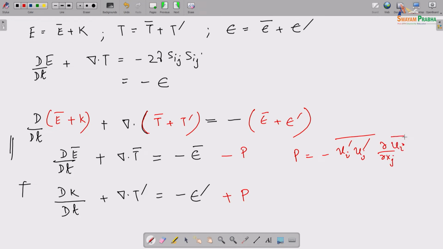That is the mean. And again, here we found that this is the contribution to the viscous dissipation. We've spoken about this earlier, right? Then what is this P?